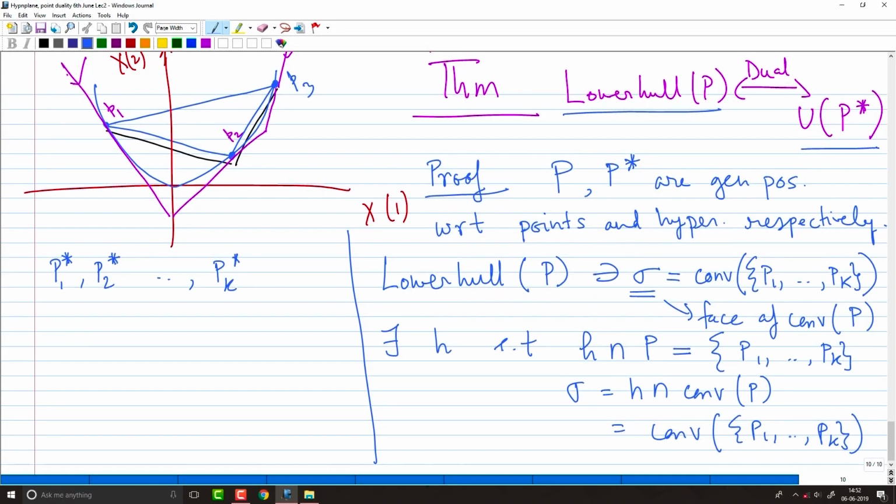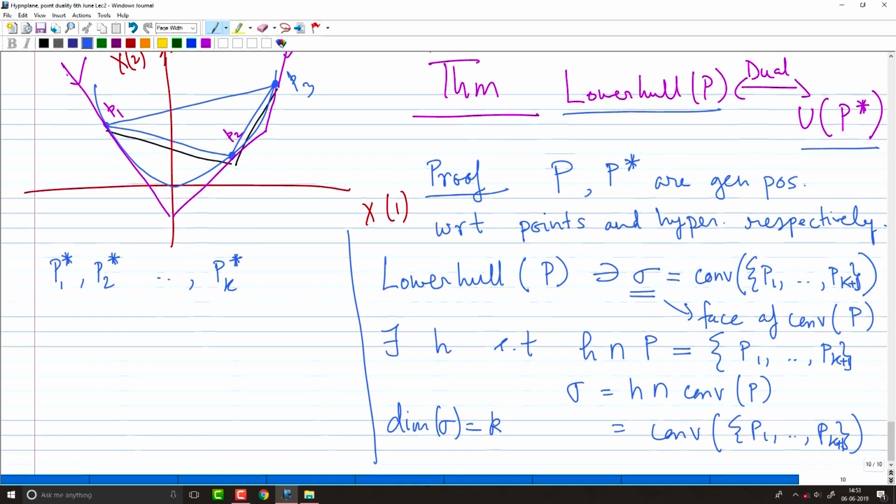Just for simplicity, let's take it to be k plus 1 points. By the way, the dimension of sigma is k. I will map it to a d minus 1 minus k dimensional face of the upper envelope. That is the goal.